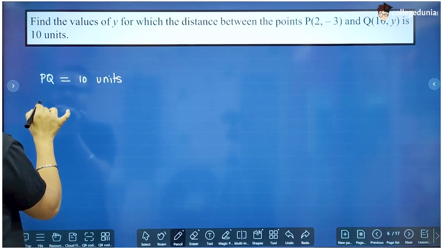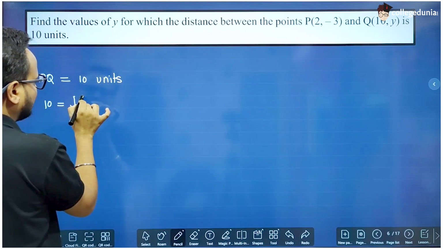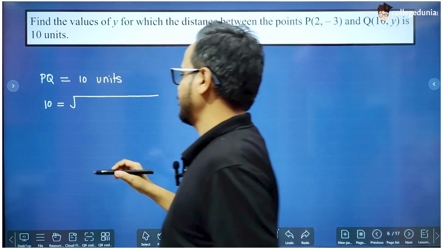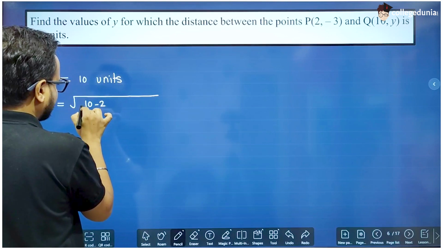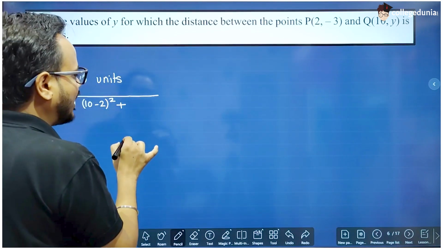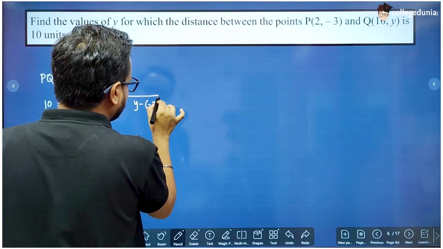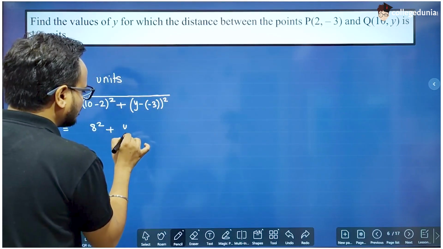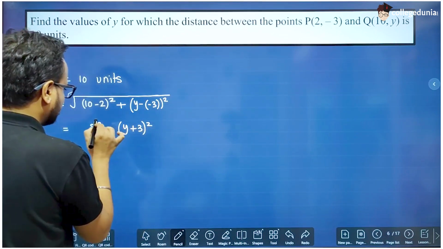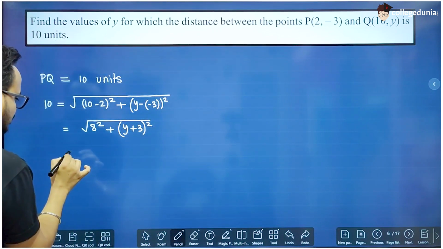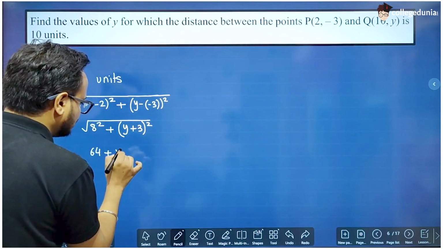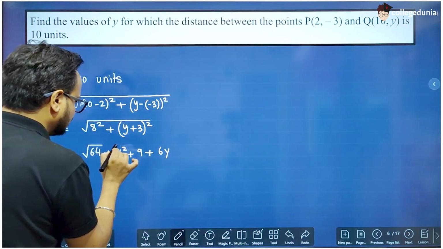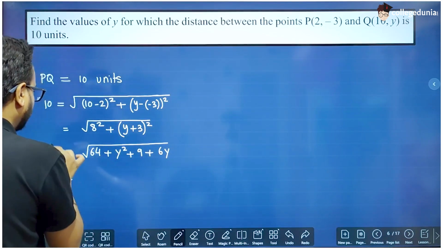So PQ is the square root of (x2 minus x1), that is 10 minus 2 whole square, plus (y minus minus 3) whole square, that is 8 square plus, and this is equal to 10.